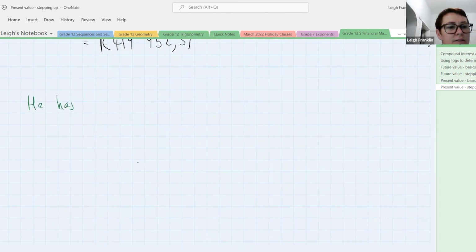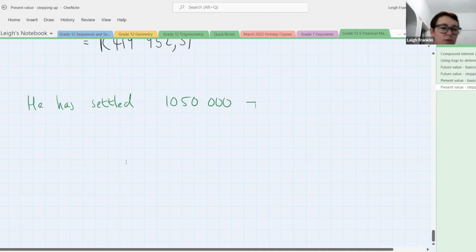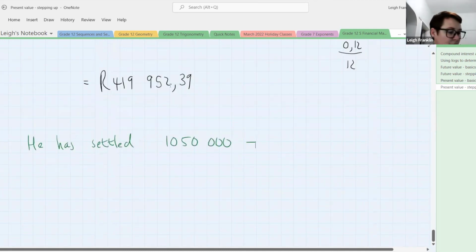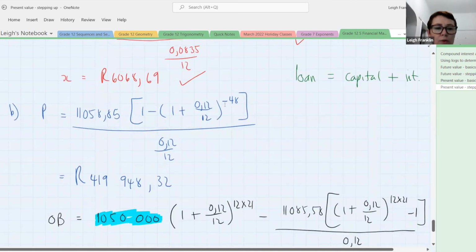So how much has he settled? Remember he's borrowing 1050000, and he has settled. We can take this value over here, or we can work with our previous value.